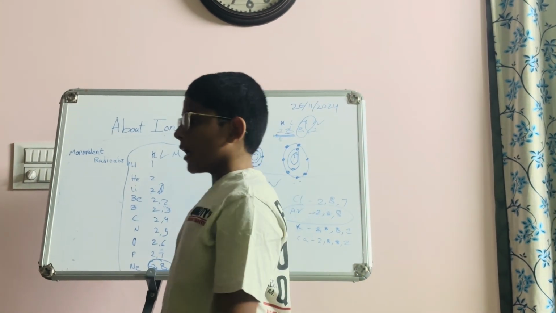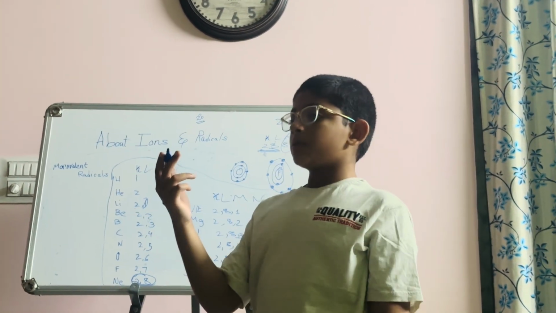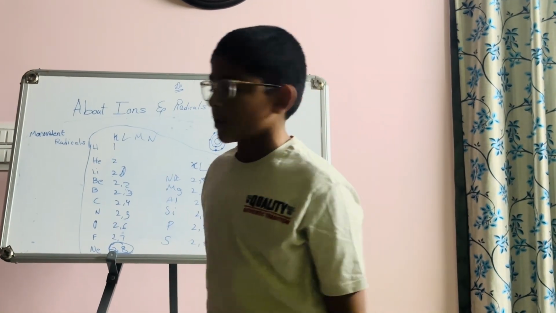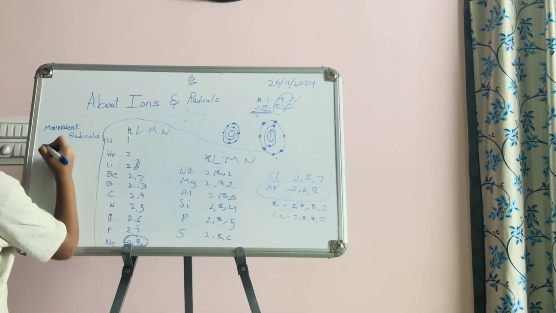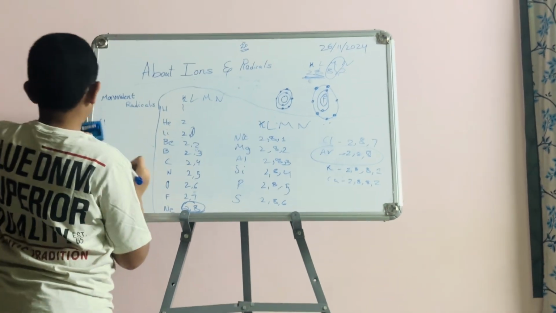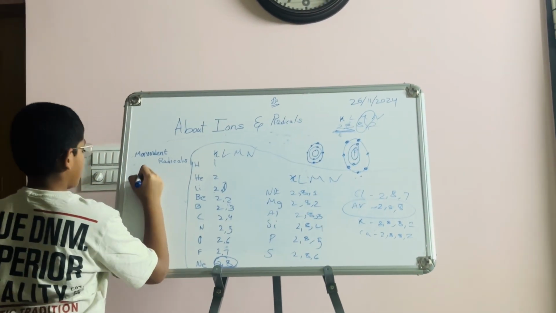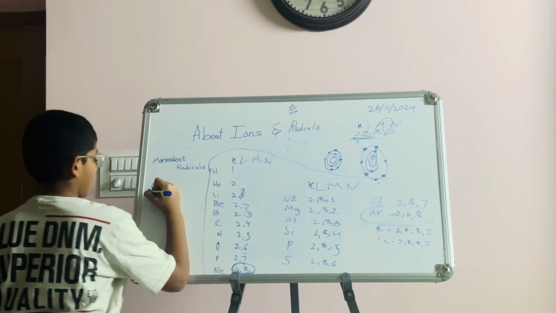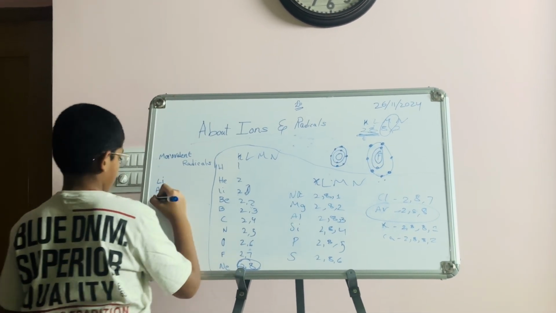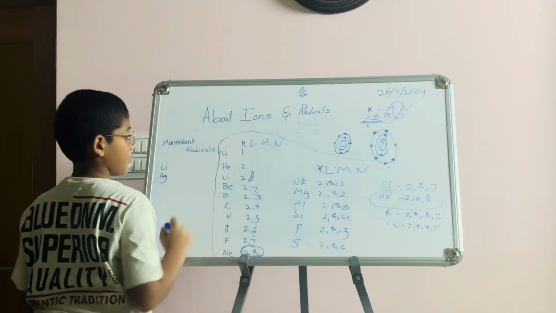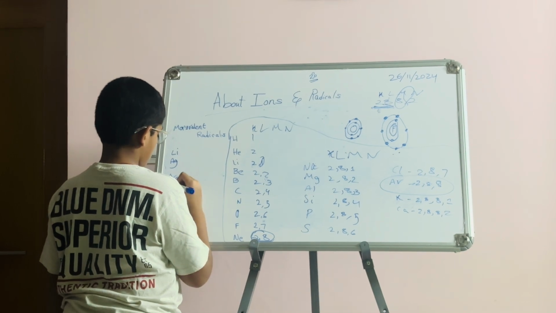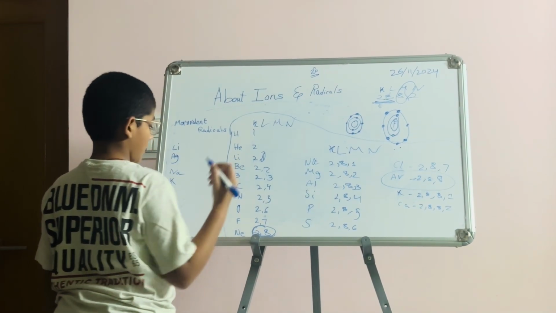Basic radicals are the radicals with positive charge, and acid radicals are the radicals with negative charge. Here, lithium, aluminium, silver, sodium, potassium, and so on.